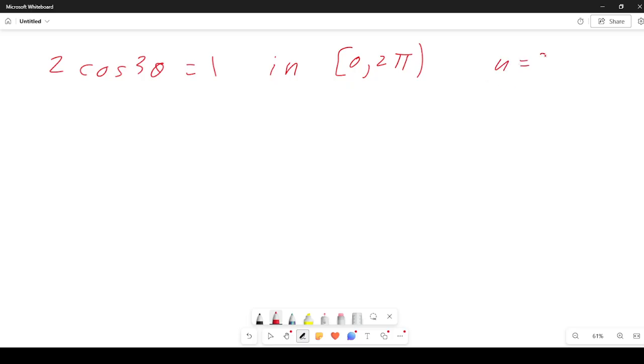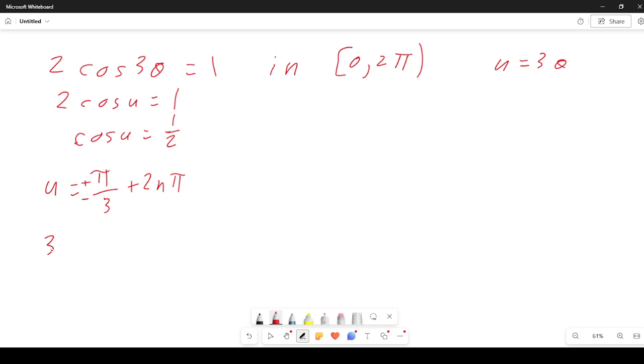U is 3 theta. So I'll say 2 cosine of u is 1. So cosine u is a half, which means that u is pi over 3 or negative pi over 3. That's in the unit circle. And then I'll put the plus 2n pi there.